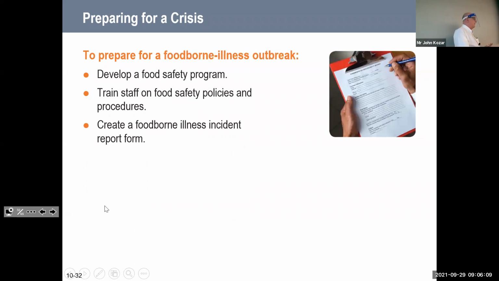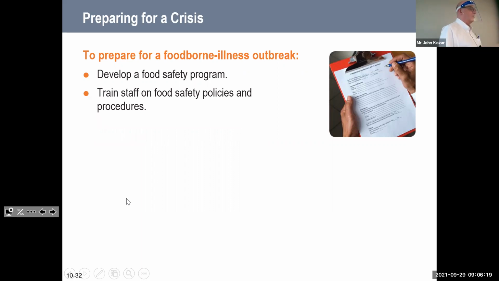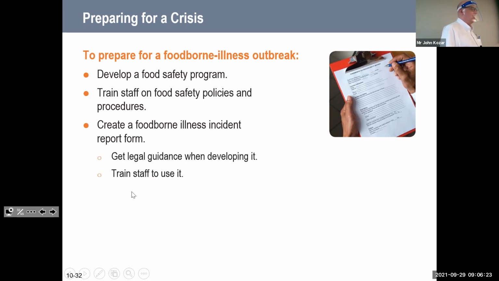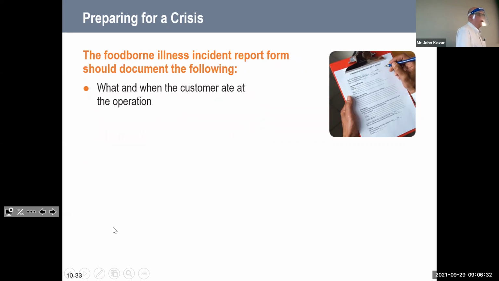You don't want to wait until somebody calls up and says, I got sick eating at your restaurant. You should have a folder of blank forms with all the information that you want to get from the people. It's recommended you get legal guidance when you develop it. And then you have to train your staff to use that form.